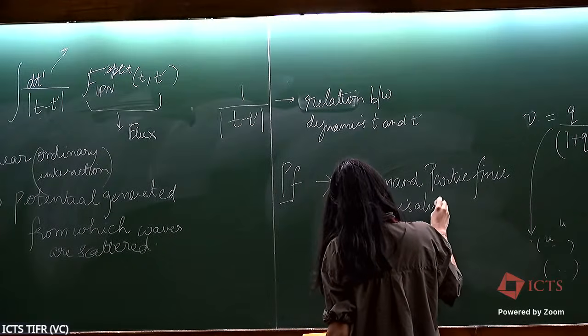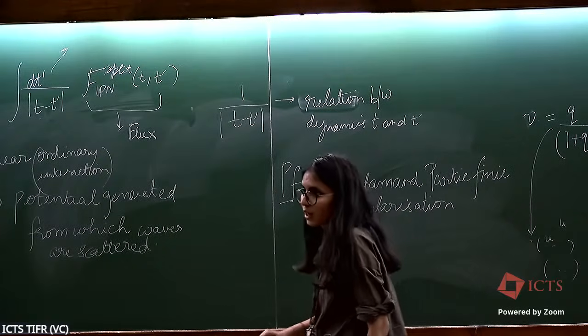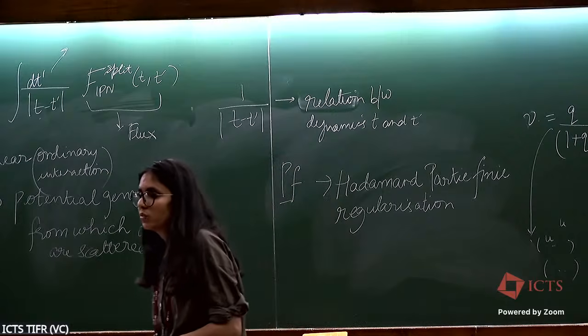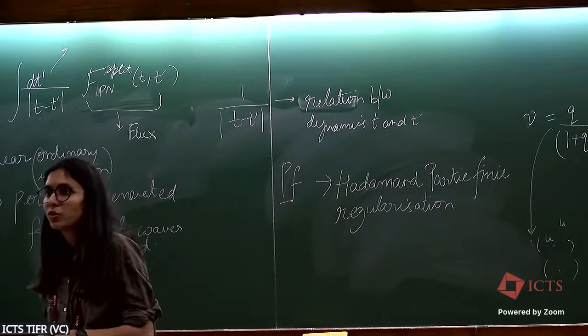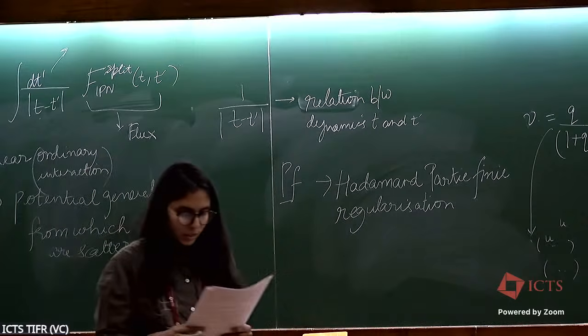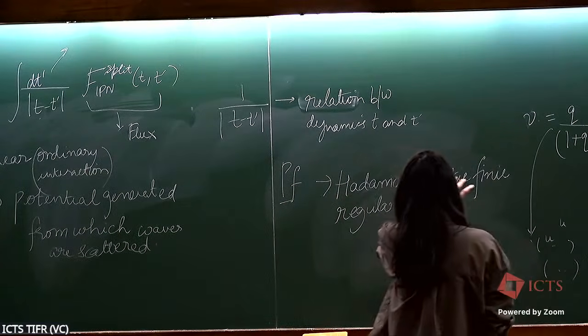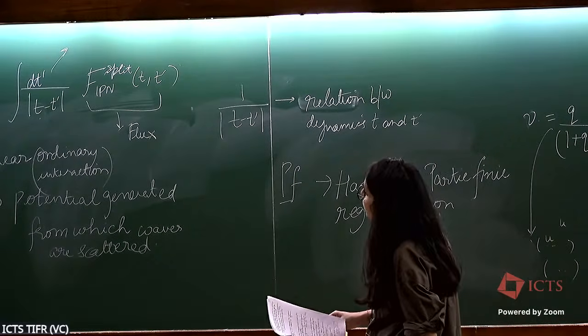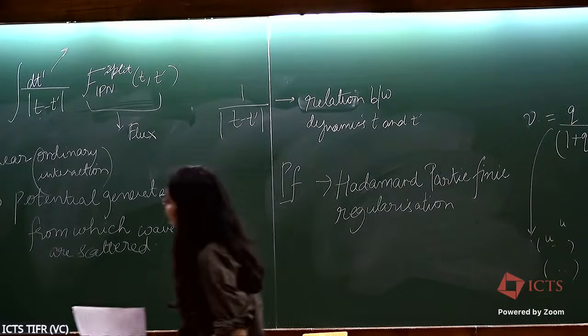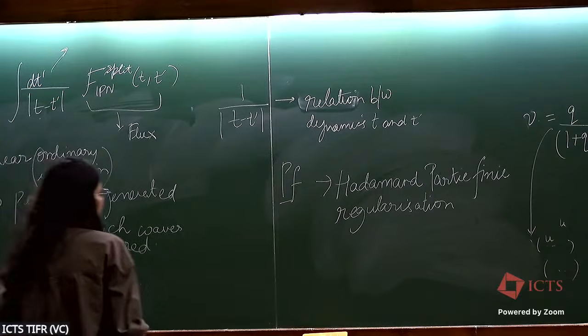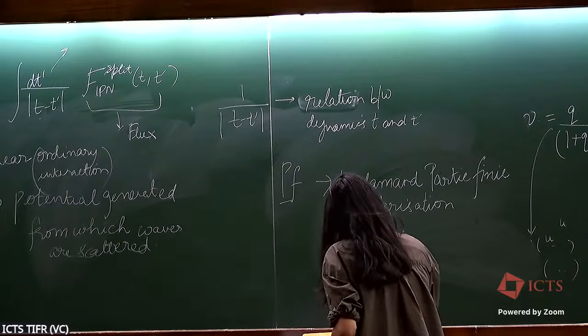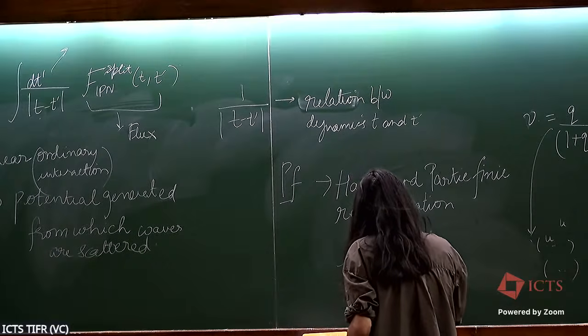One can use other regularization techniques as well, for example, dimensional regularization, which you might have seen in some of your lectures this week or the last week. And the idea of this Hadamard regularization is to remove or subtract the divergent piece that's coming from this integral, so that we only obtain the finite part.